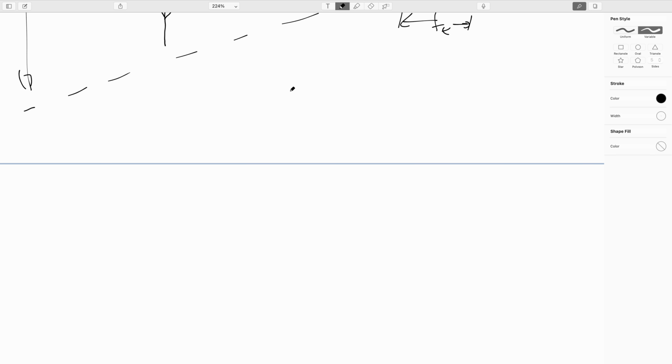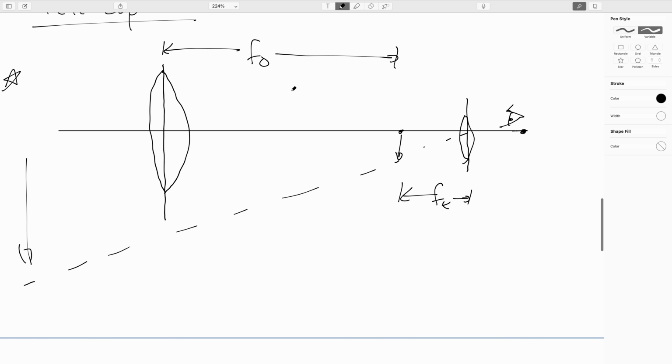So this will give us a magnification. Again, same idea, the magnification of the objective, magnification of the eyepiece, but now it's going to work out to be minus FO over FE, glossing over the derivation a little bit, but it's the same spirit.